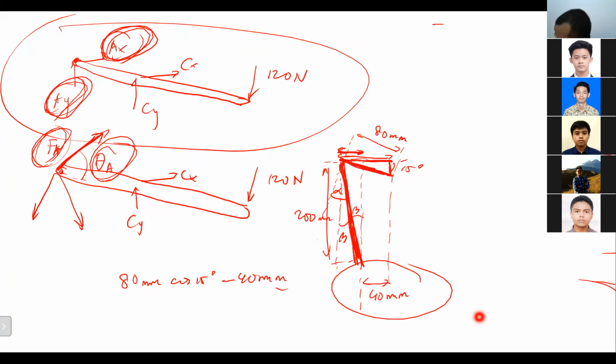And we have the 200 millimeters there. If I name this X, then sin beta will be X divided by 200 millimeters.